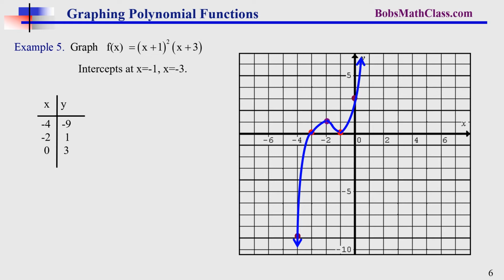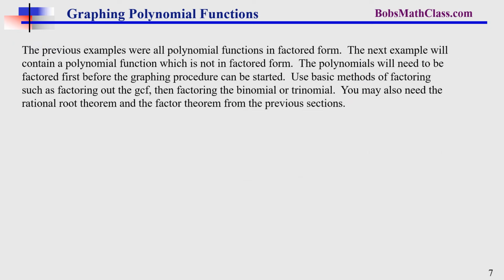All right, we're hanging in there, right? Let's do another one. So those previous examples, they were all in factored form. Well, what if it's not in factored form? Well, we need to factor it, right? So they need to be in factored form before we could follow those procedures.